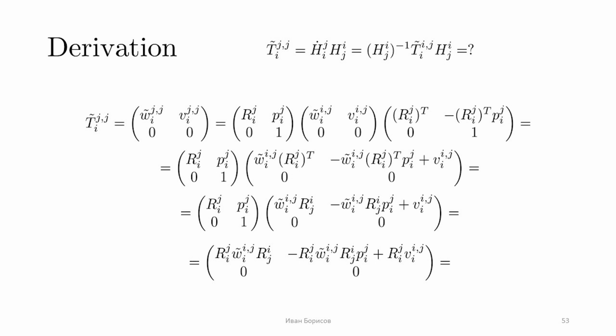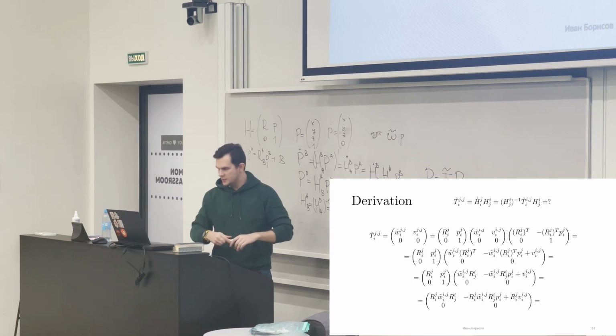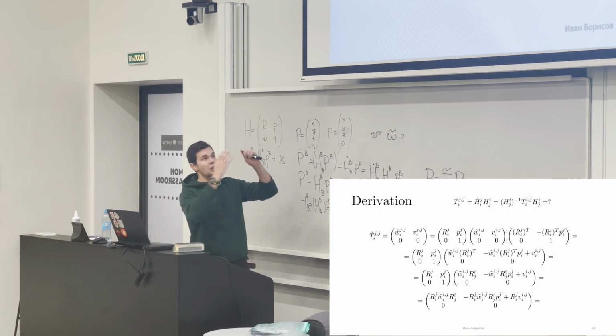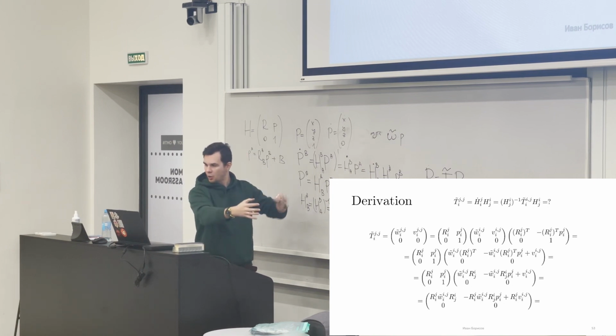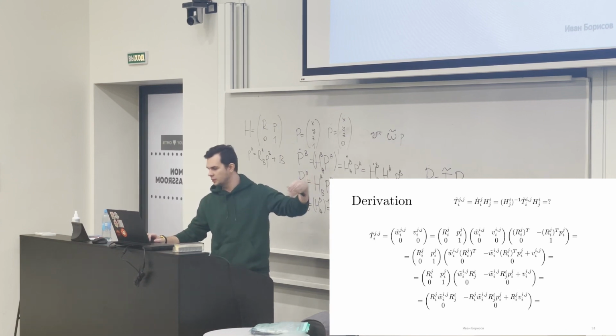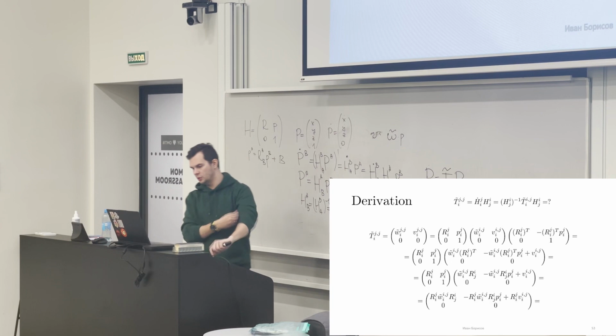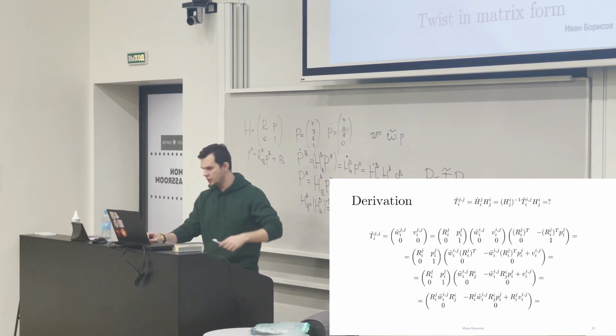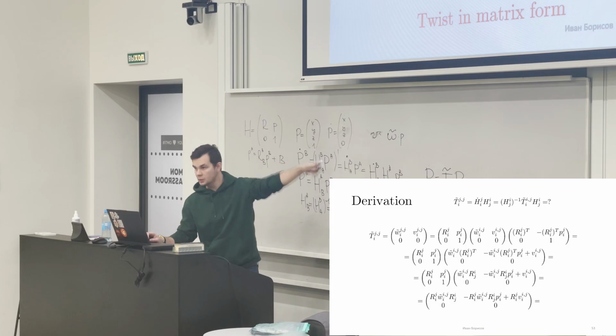Or another way around, H inverse, twist, and H. We can write all the matrices and do the derivation. There's just a lot going on here. You can take a look at this later at your own pace. But if we do the calculation, we'll find this equation.